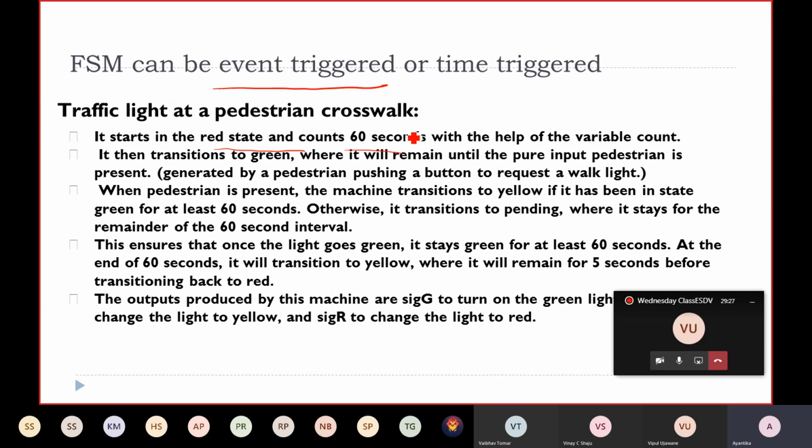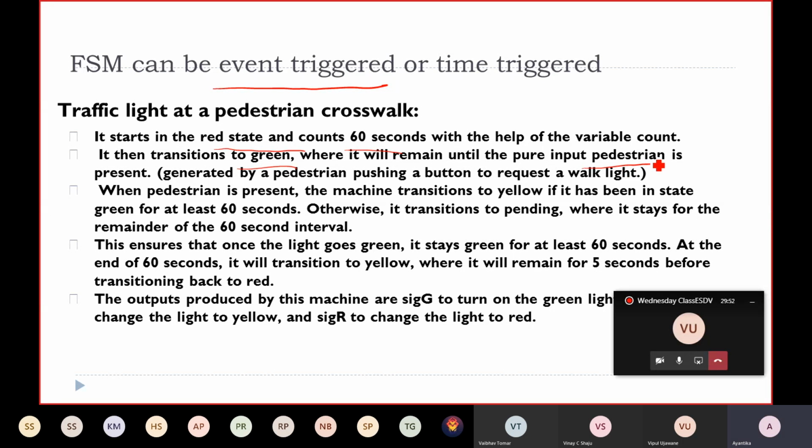I mean, your red light in the traffic light controller will be on for 60 seconds. Then from red, the transition will be to green. And it will stay in the green condition until we are expecting some input from a pedestrian.